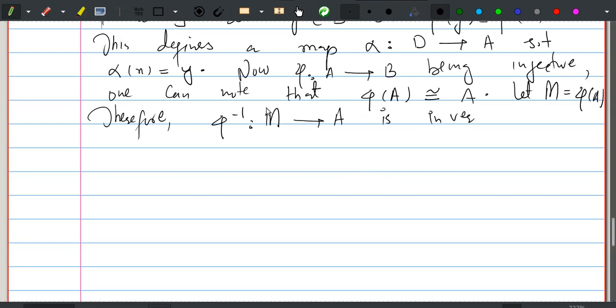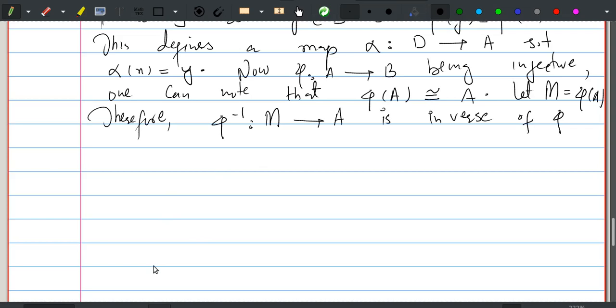I mean, it is an isomorphism because phi from M to A is injective. Now M is simply the image of phi, so that means phi inverse is bijective. So this is the inverse of phi.